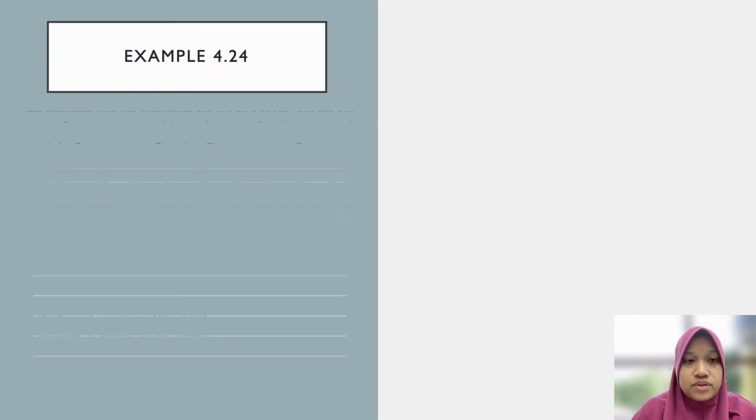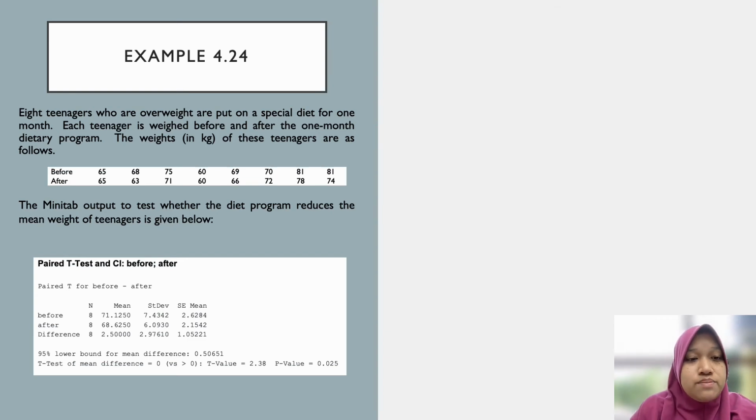So for example 4.24, you are given the Minitab output. The example is regarding 8 teenagers who are overweight and are put on a special diet for 1 month. Each teenager is weighed before and after the 1 month dietary program. The weights of these teenagers are as follows.